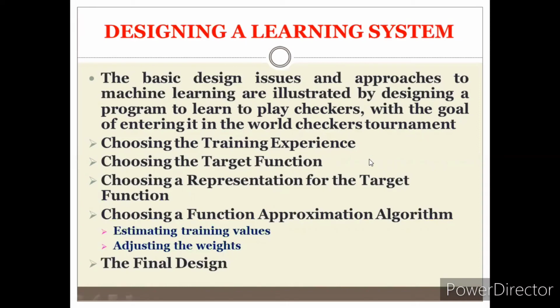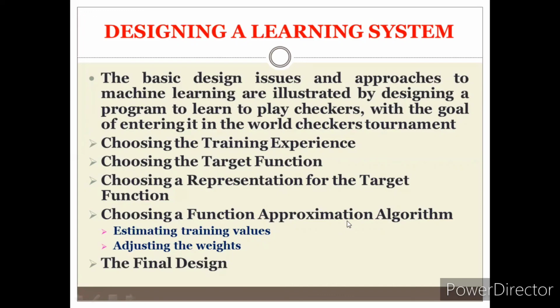What are the things that have to be done? Choosing the training experience, either by playing with an opponent or self-learning; choosing the target function; choosing a representation for the target function, how the representation is done to reach that target function; then choosing a function approximation algorithm.